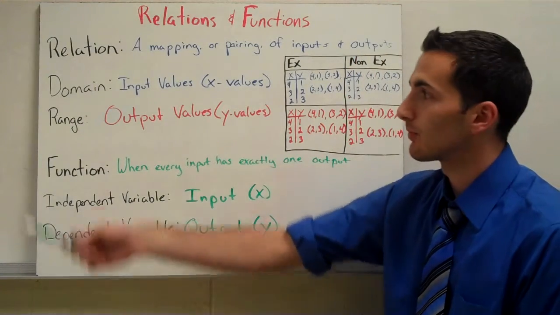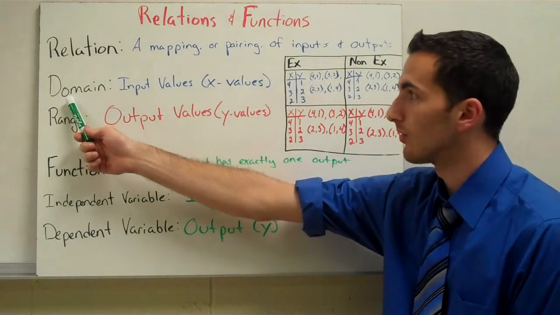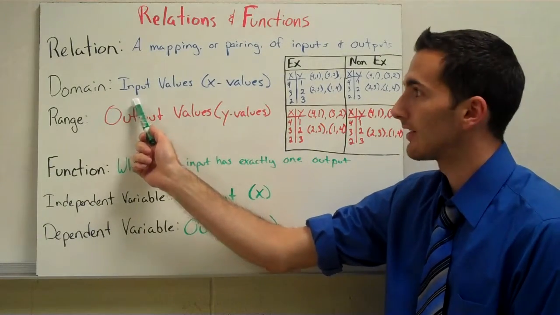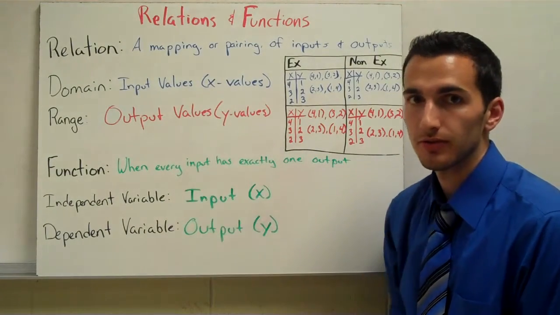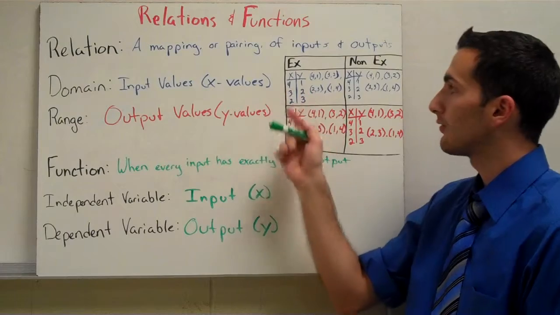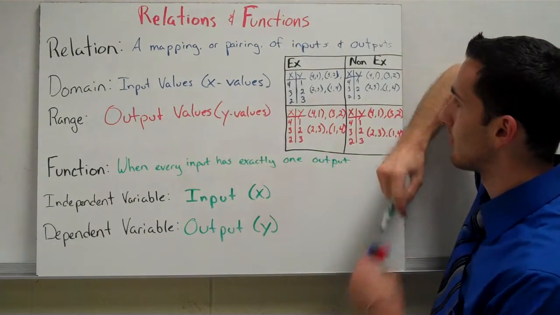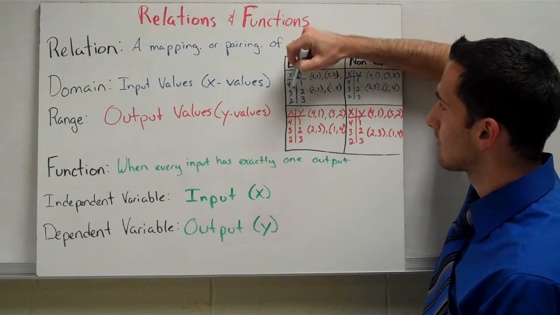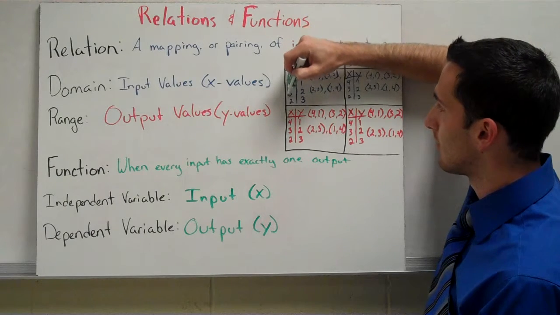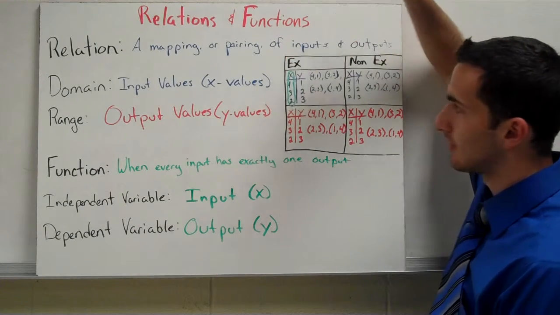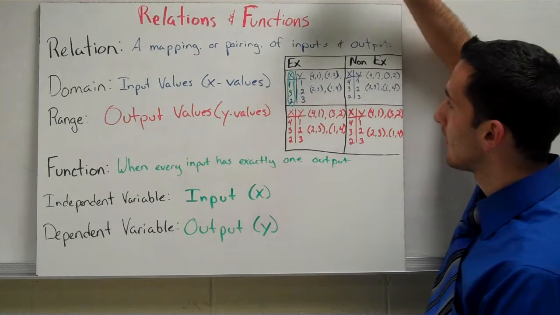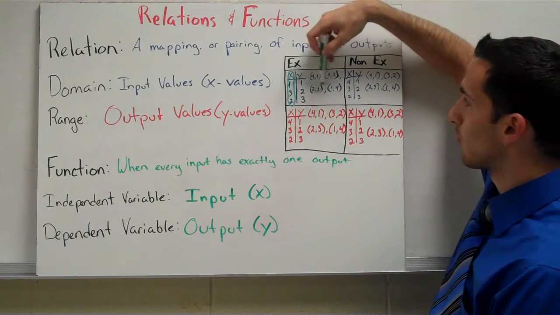Within a relationship, we have the domain, which is always our input values, and that's always going to be our x values. So if we're looking at a relation, an actual mapping of inputs and outputs, our x values are always going to be our domain. Over here we have a list of coordinates.